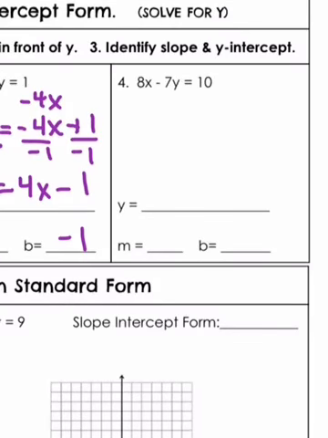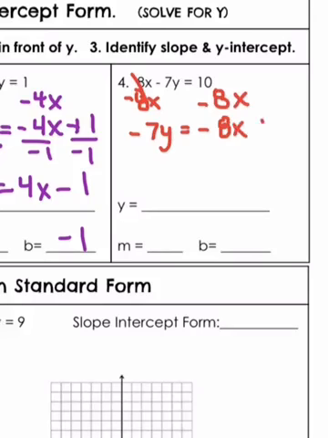All right. And the next one, we're going to subtract 8x on both sides. Negative 7y equals negative 8x plus 10. Now we're going to divide by negative 7.